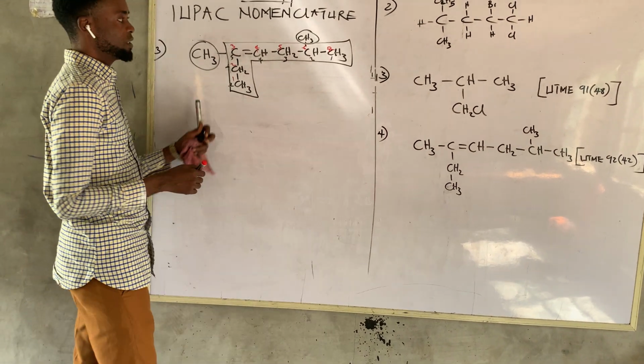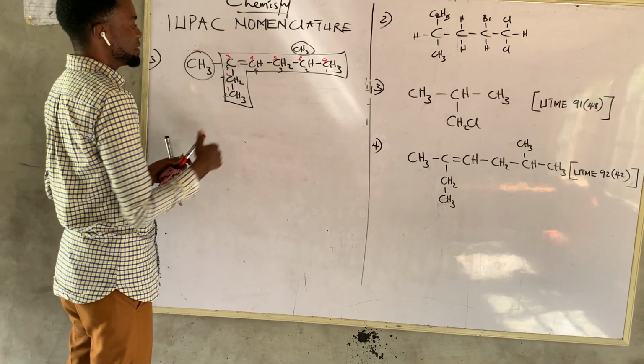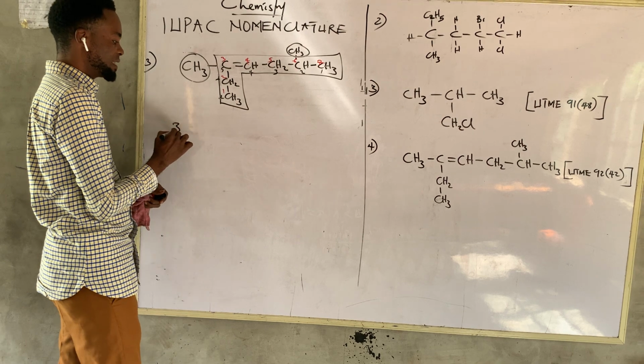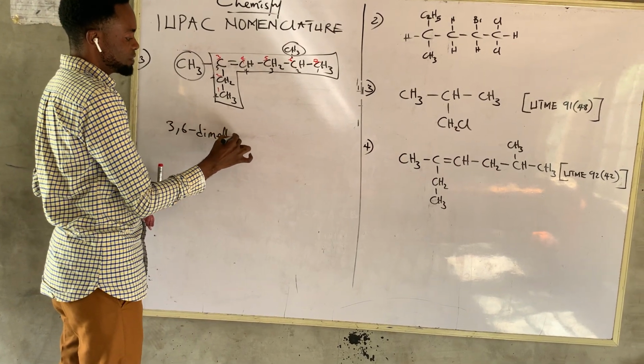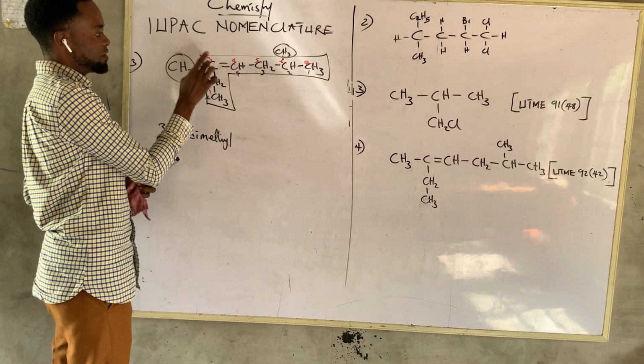So with this, the branch chains are on carbon 3 and 6. So I have 3,6-dimethyl. This methyl is on carbon 3.